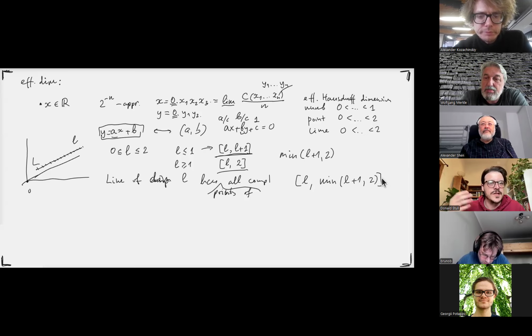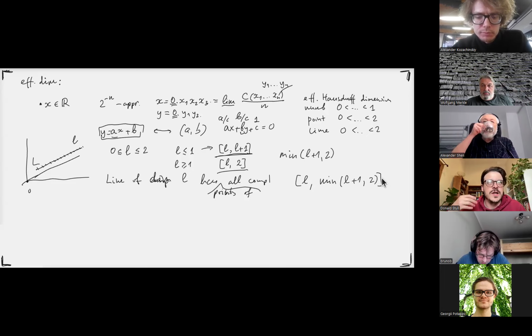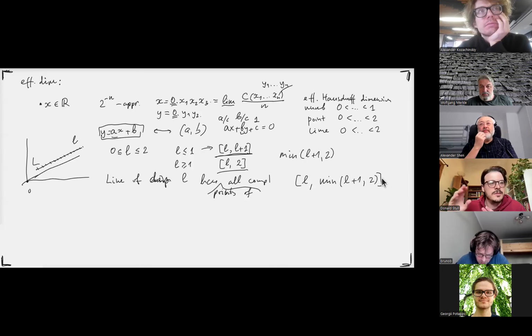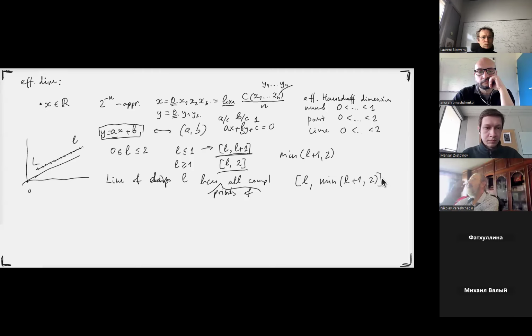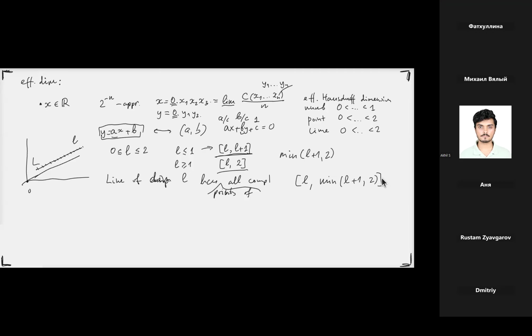You can have some bound of the form: for some small alpha, there are at most, I don't know the exact number, some dimension beta set of points whose dimension is less than alpha on this line. So there should be some theorems of this type, but the exact formula. But do I understand correctly that now the answer depends on the line, not only the complexity of the line?